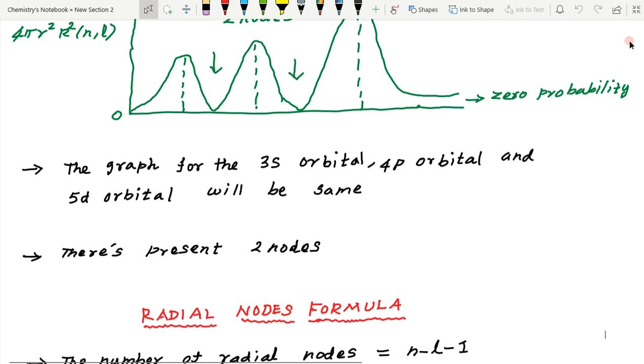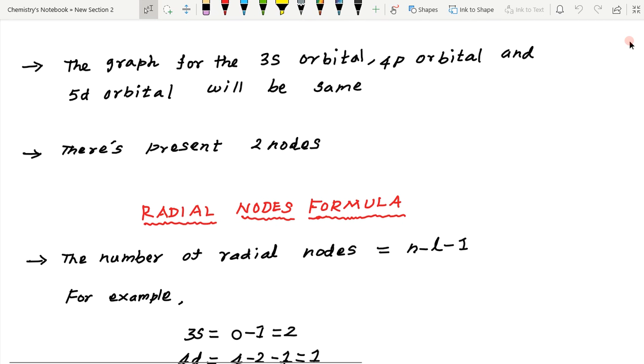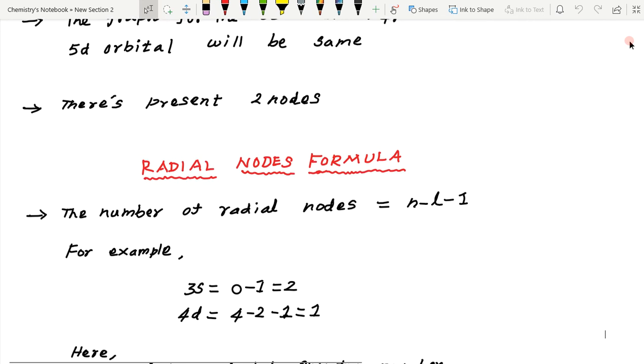See the diagram well. The graph for the 3s orbital, 4p orbital and 5d orbital will be the same. There are two nodes also present.